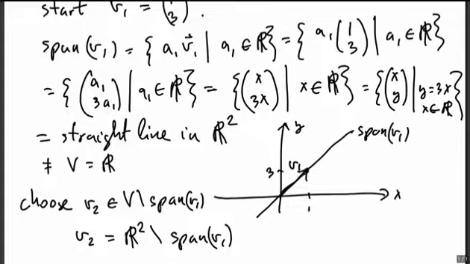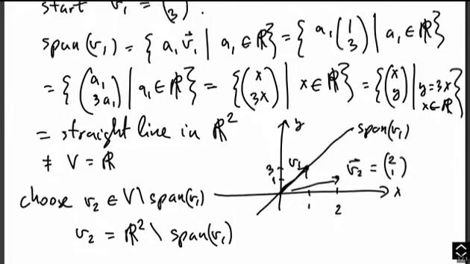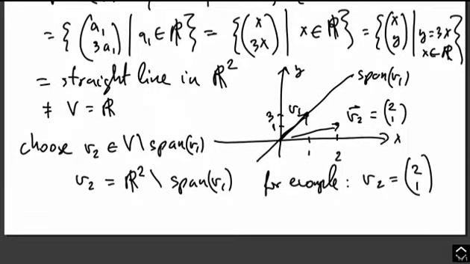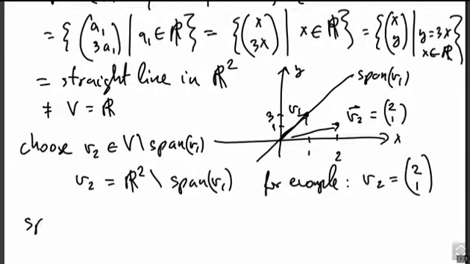So we of course have infinitely many choices. Just for fun, let's choose the vector (2, 1). V2 equals the (2, 1) vector as an example, and then we check what the span of V1, V2 is.